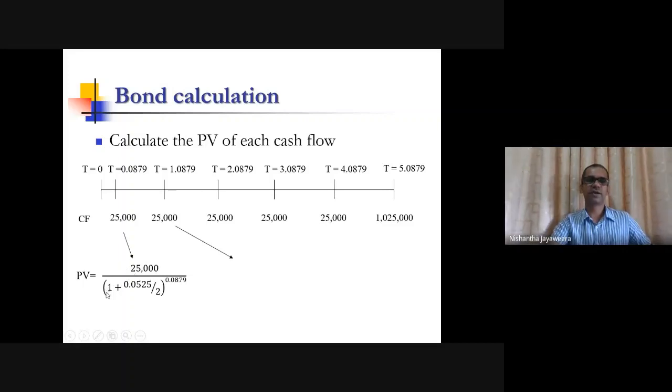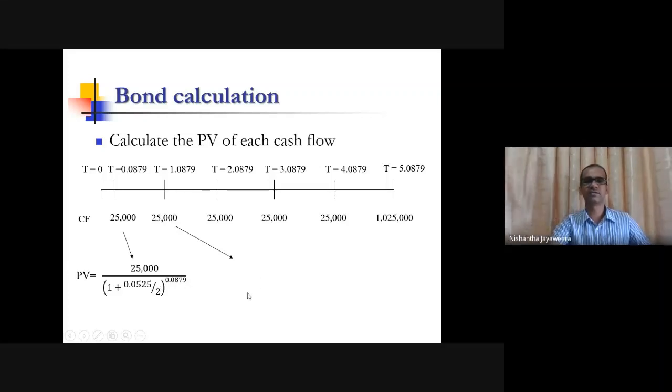25,000 divided by 1 plus half of the required rate of return, because this is semi-annual compounding, and you discount it only for a fraction of the coupon period, only for 0.0879.